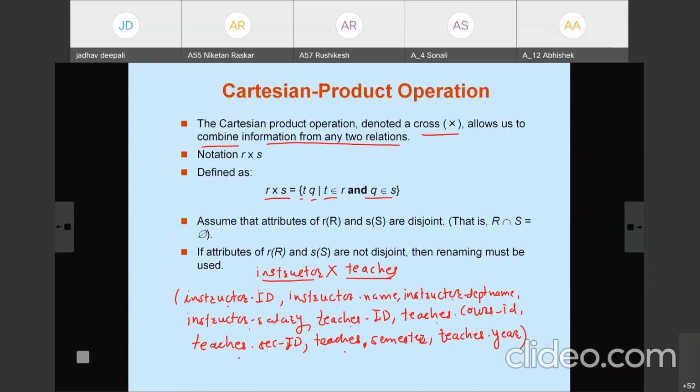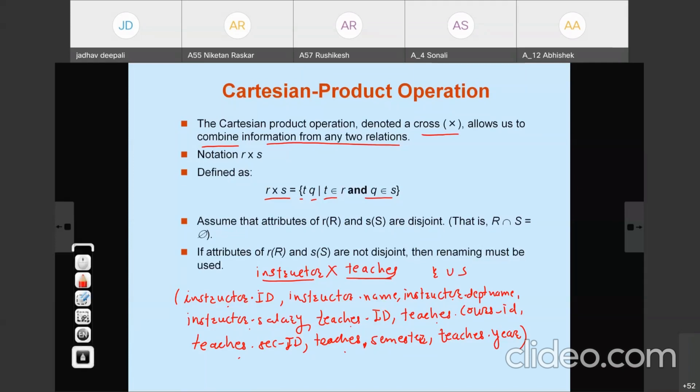If there are R attributes in the first relation and S attributes in the second relation, then the resulting relation has the R union S number of attributes. Now, for attributes which are unique, meaning not common to both relations, it is not necessary to use the prefix.